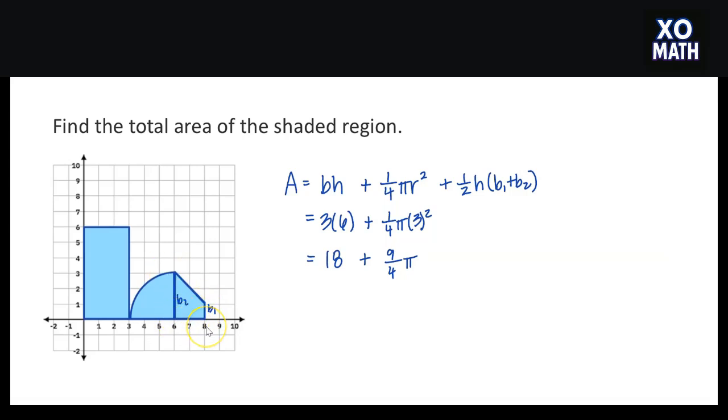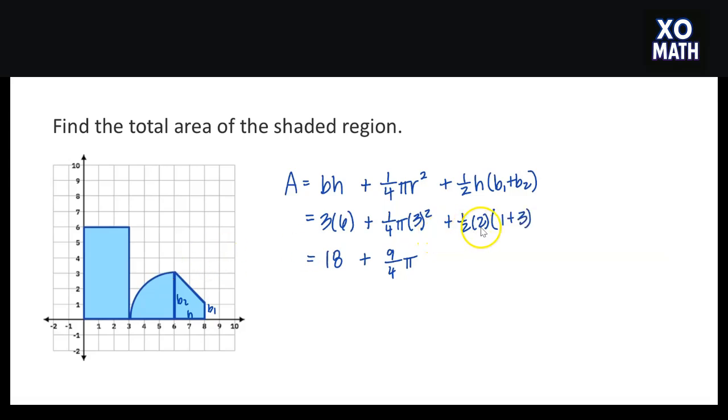The height of the trapezoid is the part that lies along the x-axis. So the height is going to be 8 minus 6, so 2 units. So we're going to have 1/2 times 2 times the quantity of base 1 plus base 2. So base 1 we could say is 1 unit, and base 2 is 3 units.